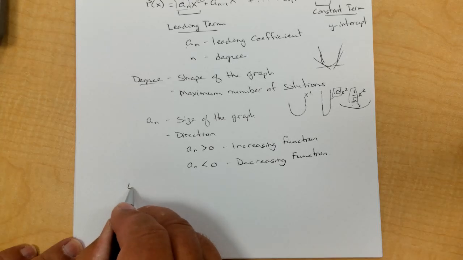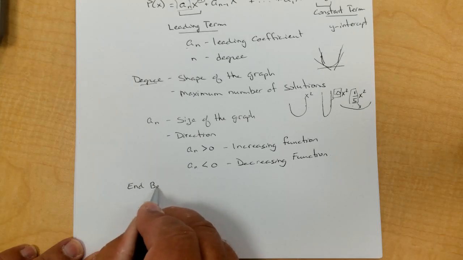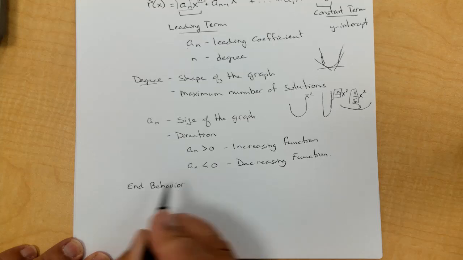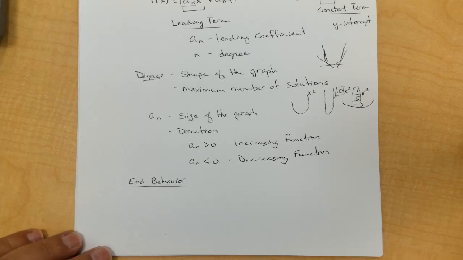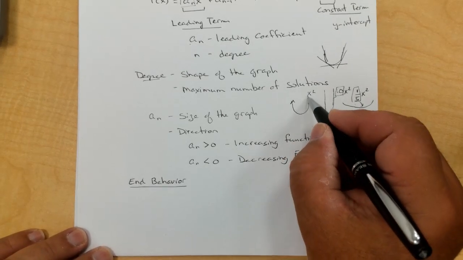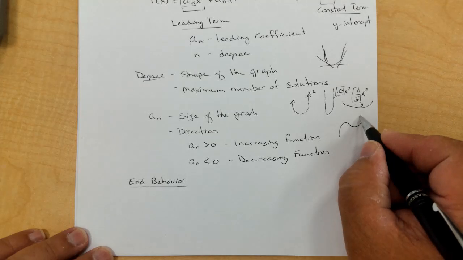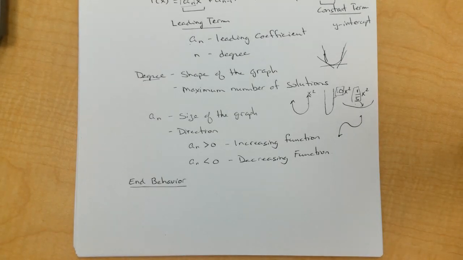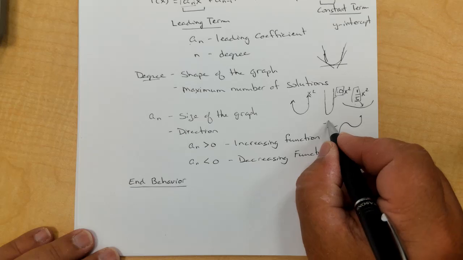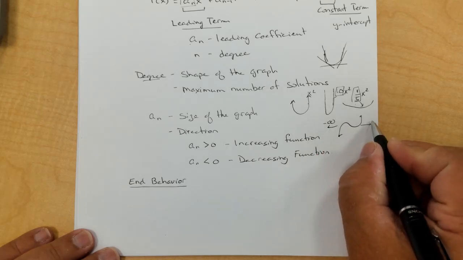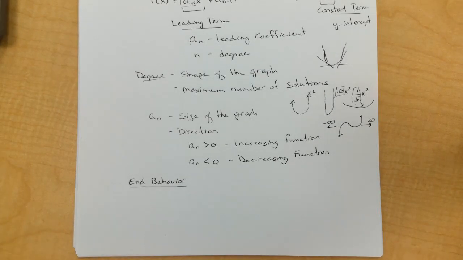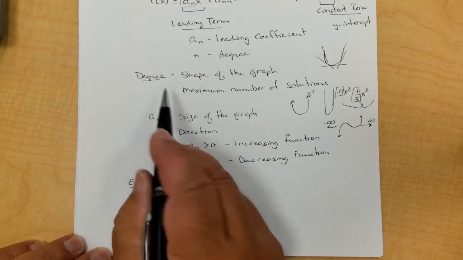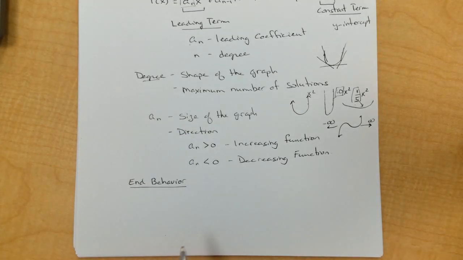We do that by discussing something called the end behavior, because every graph has two ends. One side is where x goes towards negative infinity, and the other where x goes to positive infinity. Both ends have a specific direction they have to follow, depending on the degree and the leading coefficient.